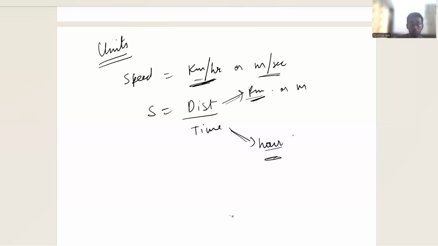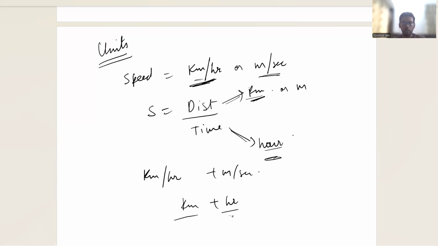Another point on this note is what sometimes students do: kilometer per hour plus meter per second. It cannot happen. You can only add things which have the same units. Similarly, you cannot add kilometer plus hour. This also doesn't work.